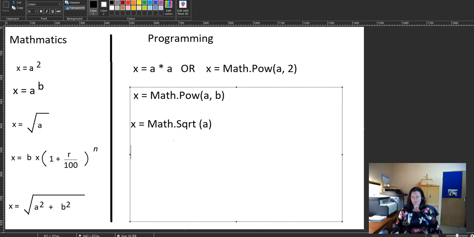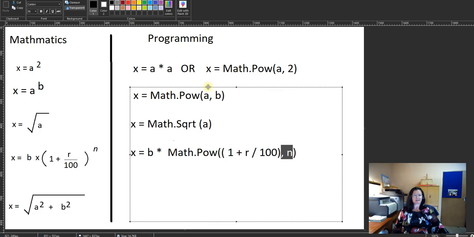If I get to a little bit more complicated formula, I've got b multiplied by, and let's just do the part in brackets first, 1 plus r divided by 100. But I need the square root of that. No, not the square root, the power, sorry. Math.power of, first do that, then give me the power to the value of n.